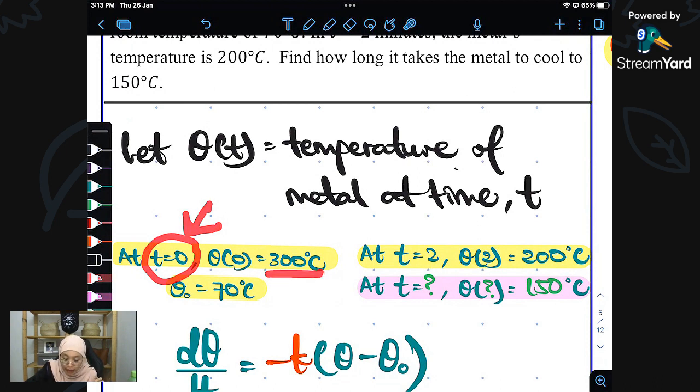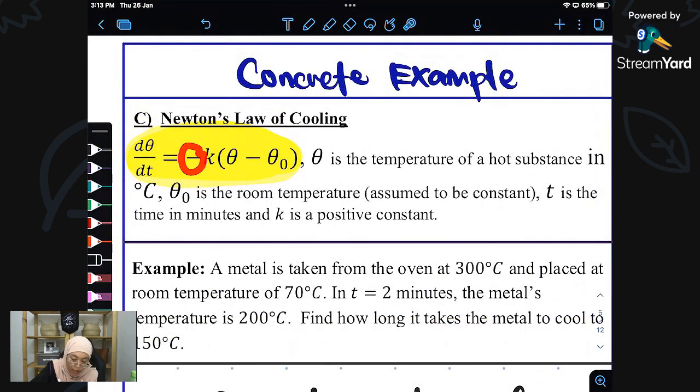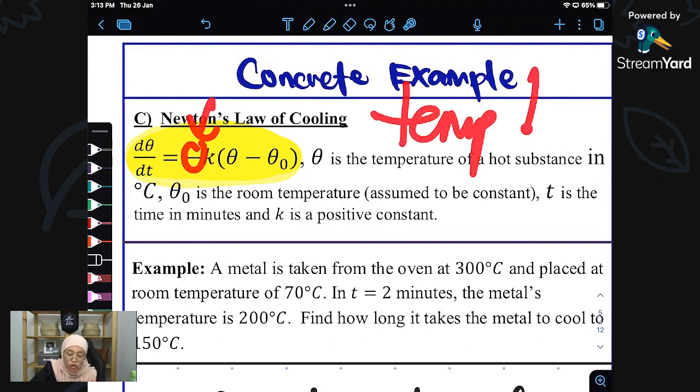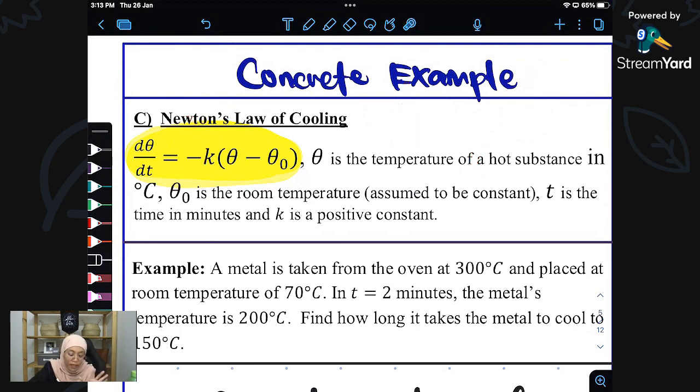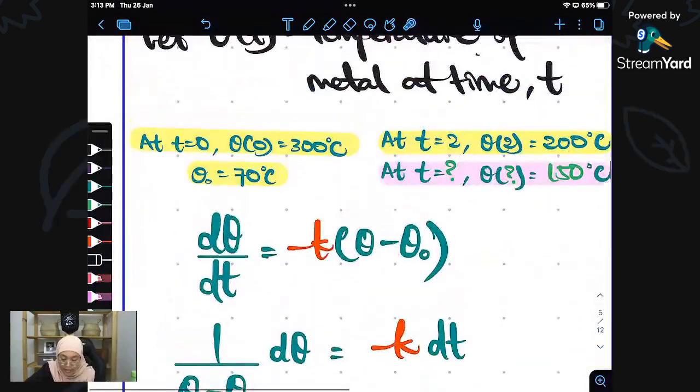Okay, and then after 2 minutes, the temperature dropped to 200 degrees Celsius. So dekat sini you faham kan kenapa formula ni adalah negative sign? The formula has a negative sign because the temperature is dropping. That's why dalam formula Newton's law of cooling mesti ada negative constant. Alright? So basically you already understand that.